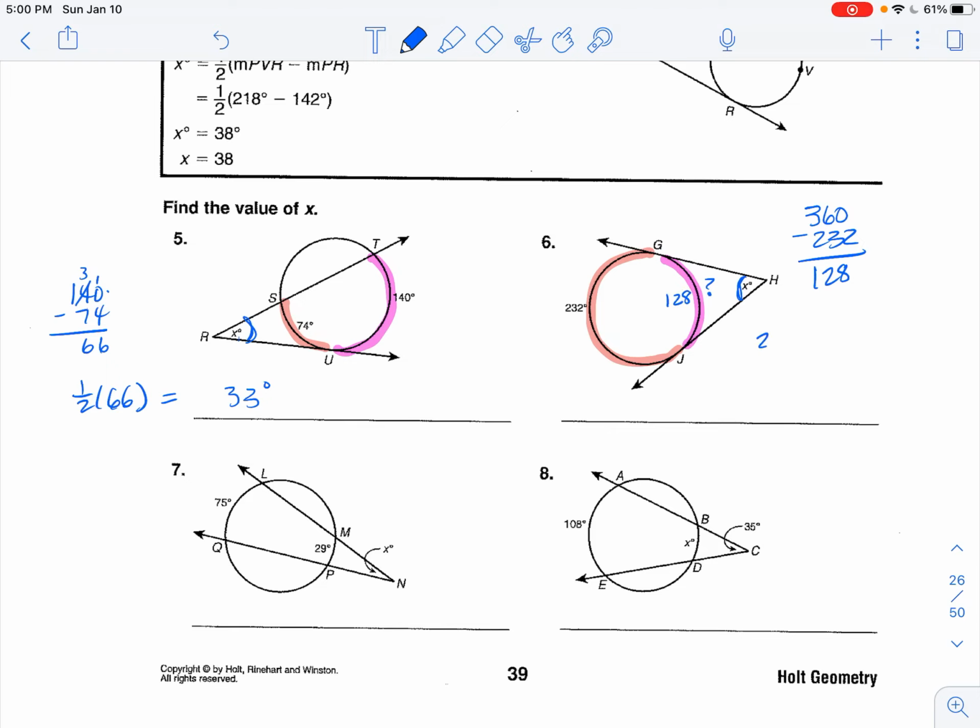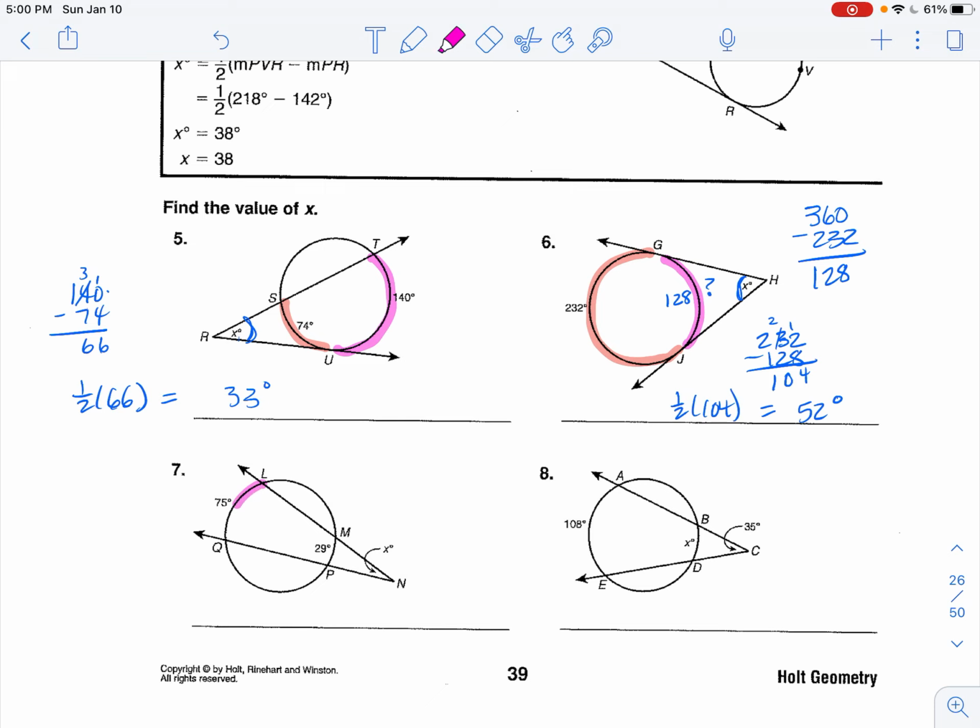All right, so that's the measure of this arc here. So now let's subtract 232 minus 128, which is 104. And if I take half of that, half of 104, that's going to give me 52.